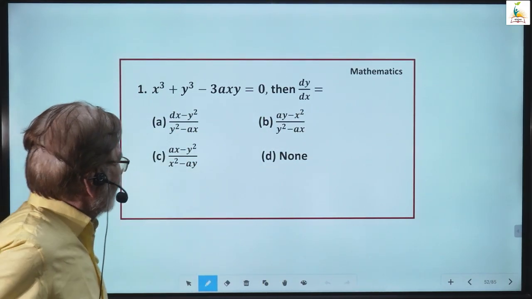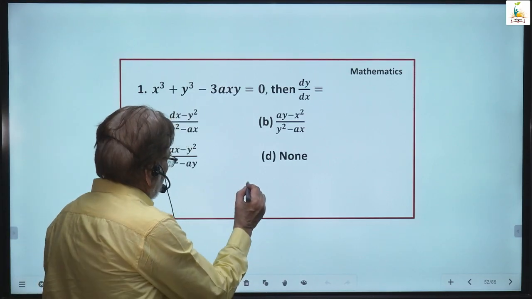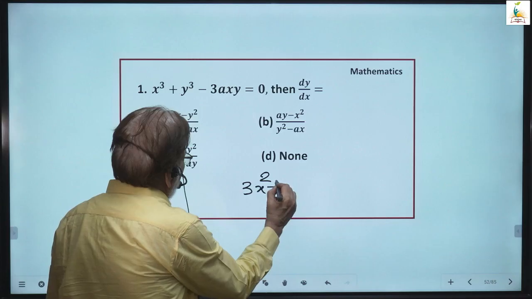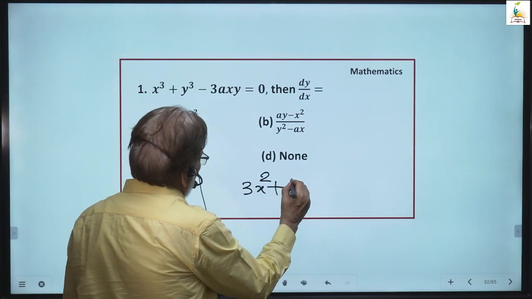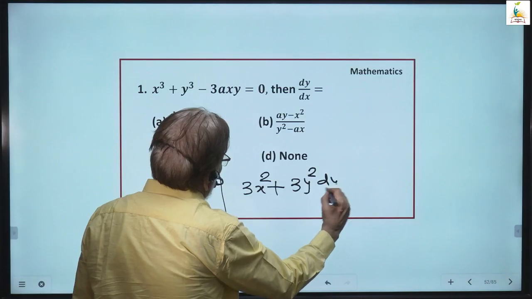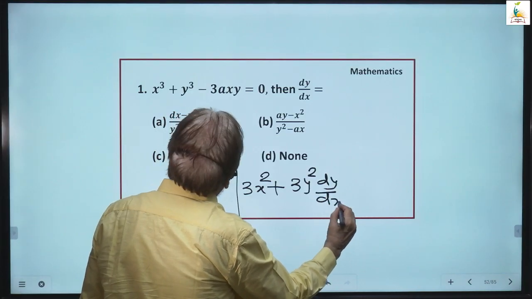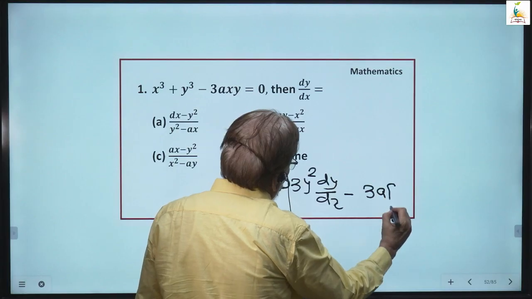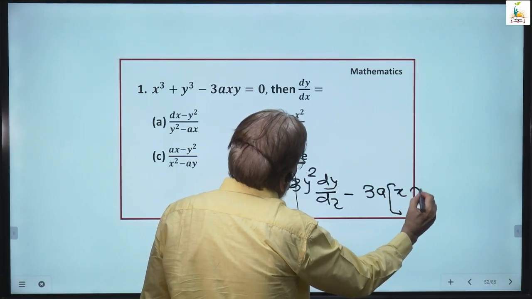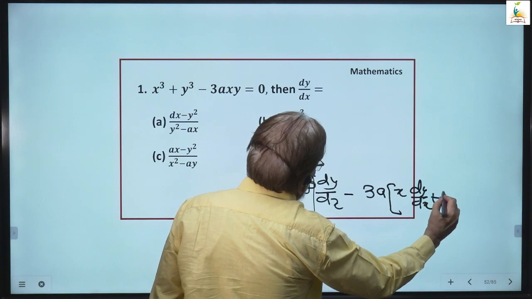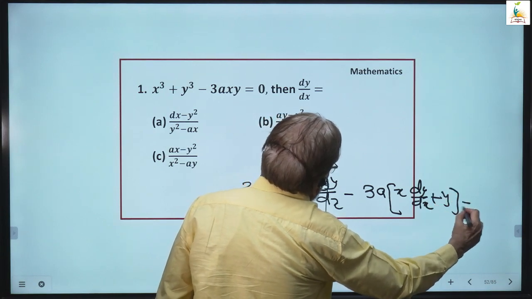So 3x square plus 3y square dy upon dx minus 3a (x dy by dx plus y) is equal to 0.